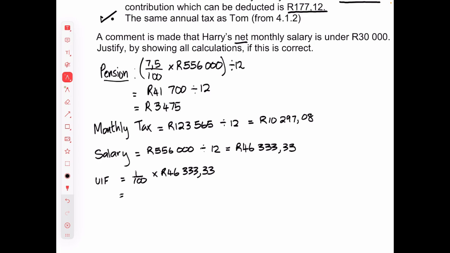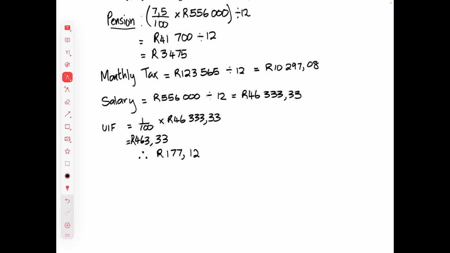And this would work out to 463 Rand and 33. And then what we state now, we're going to state, therefore, your UIF is obviously going to be 177 Rand and 12 cents, because you cannot be charged anything above this. It's basically capped at 177 Rand and 12 cents.